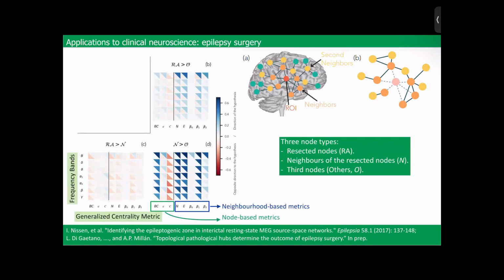So we looked at these three different types of regions: the nodes that were resected, the neighbors, and the remaining nodes. And what one finds is that, if you look at the resected nodes, these are in general, for most of the patients, more central. This is a bit complicated a picture, but we have here several frequency bands of activity. We have here several metrics of what we call generalized centrality. Some of these are not centrality metrics, but please don't come at me.